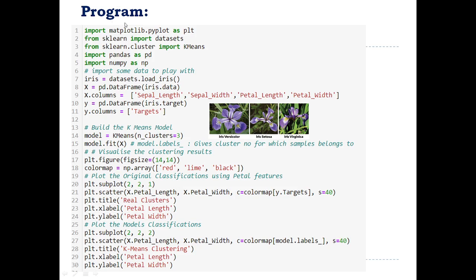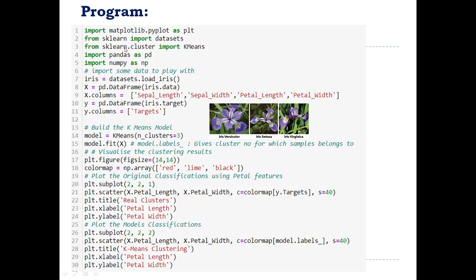Here we are importing matplotlib.pyplot as plt, so we will refer to this library package in our program as plt. Then we'll be using the sklearn library, and we'll be importing the dataset from sklearn.